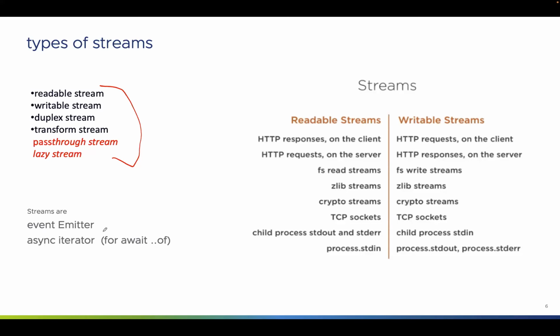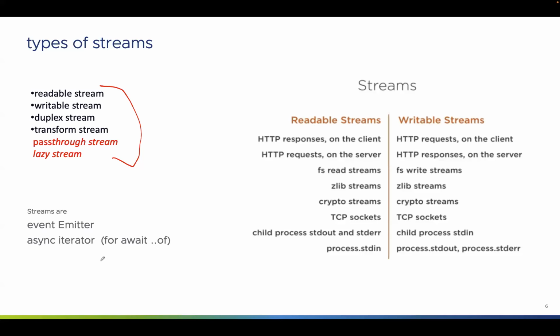That means streams can leverage the event emitter, and we can use object.on to define event handlers for different events. We already have a lot of events defined for these 4 types of streams. If you head over to the official guide, it has very detailed descriptions of the events triggered for different streams, so you can use it as a reference.